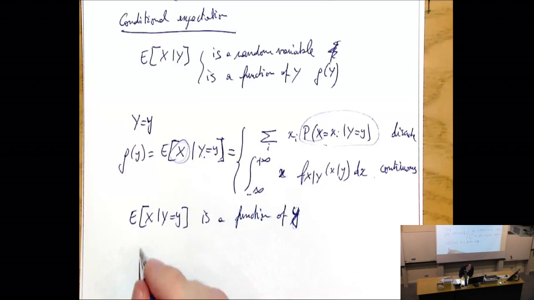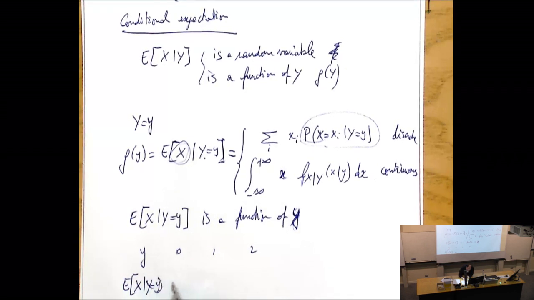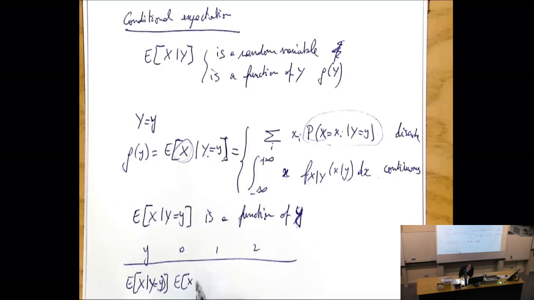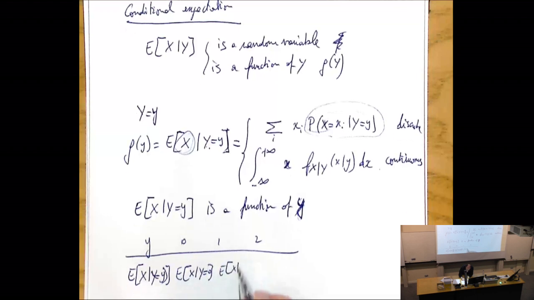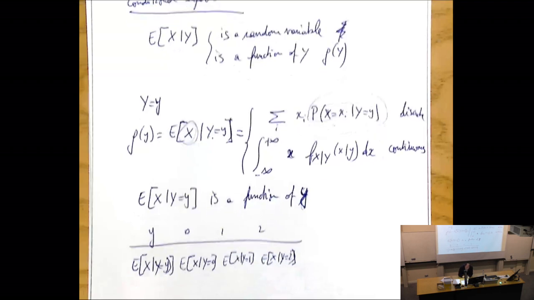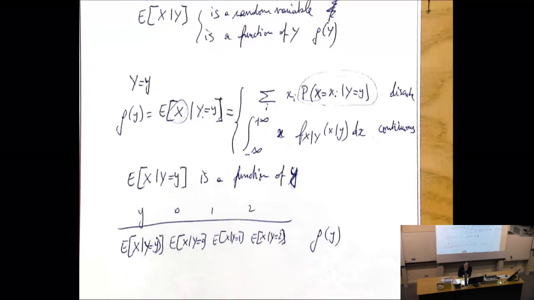So if I have y equal to 0, 1, 2, and so on, I can have E of x given that y is equal to 0, E of x given that y is equal to 1, E of x given that y is equal to 2. So you can really view this as a function of y.